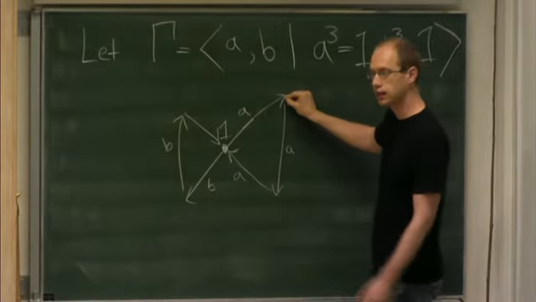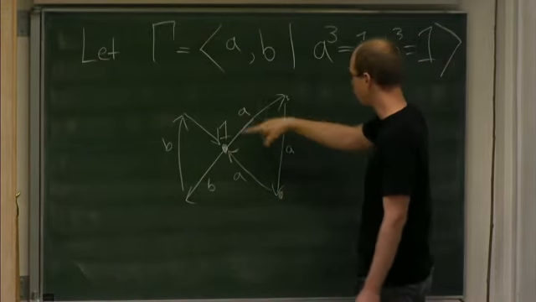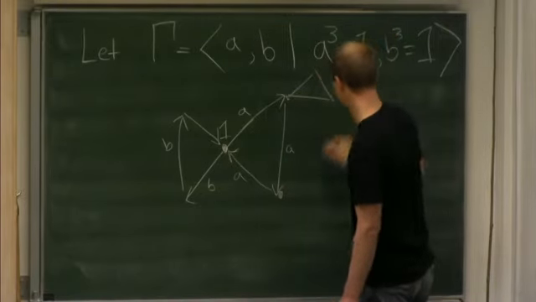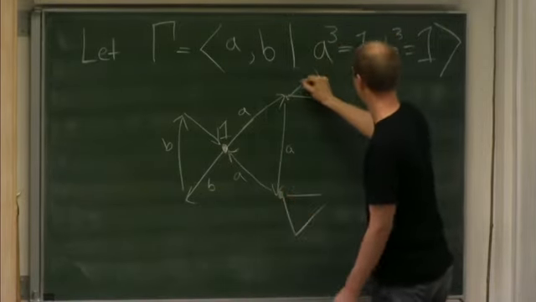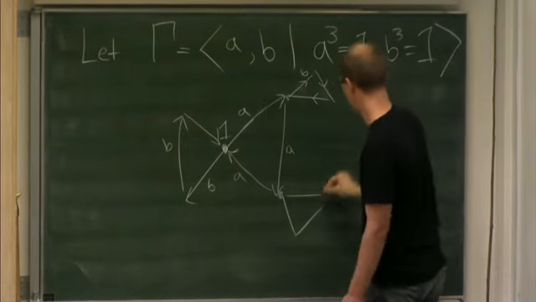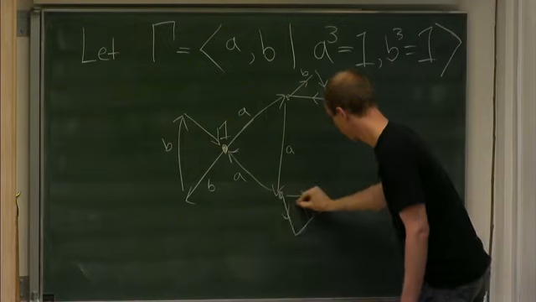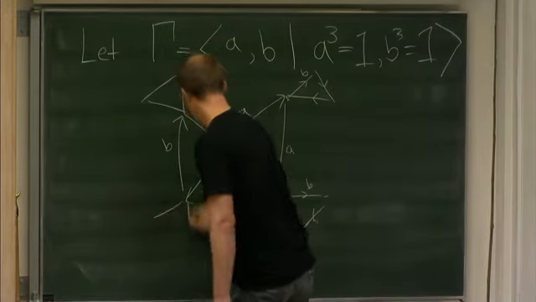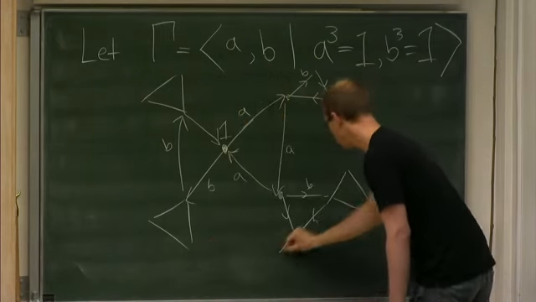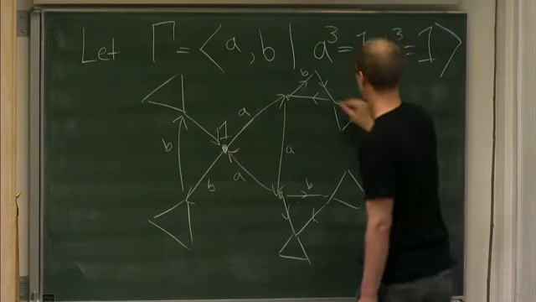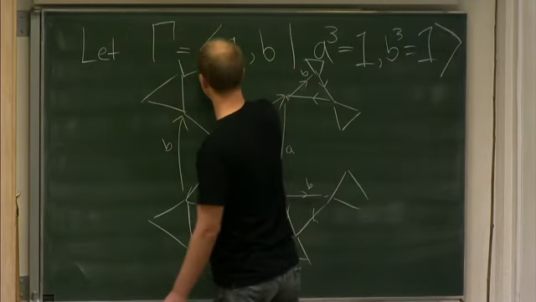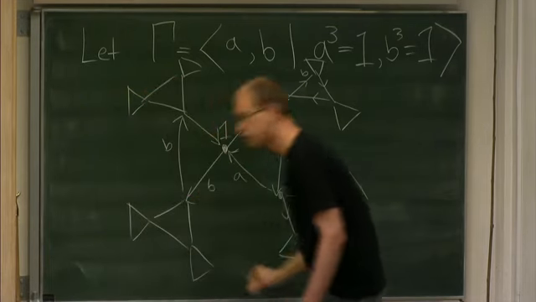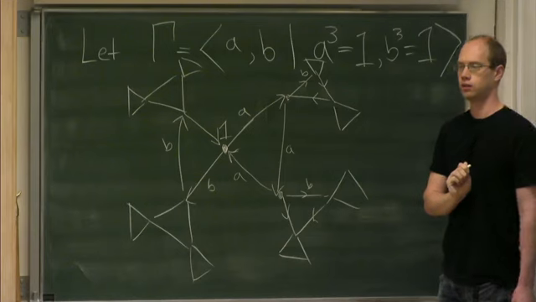Now starting at each of these points, instead of using the A generator, I could use the B generator. And over here, I have A again. So the Cayley graph here just looks like a bunch of triangles glued together, where each triangle corresponds to either the generator A or B.